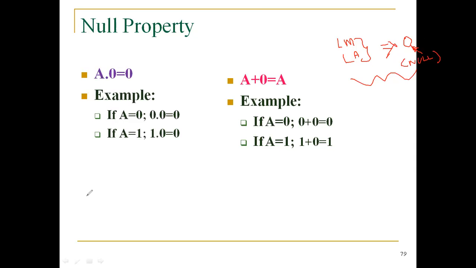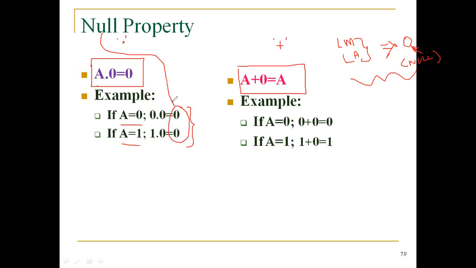That's just opposite to the previous one. So here a dot 0 equal to 0, that means in the dot operation. Here a plus 0 equal to a, this is logical addition. So I assume my a equal to initially 0 and then a equal to 1, whatever may be the variable, the result is equal to 0 in this null property.